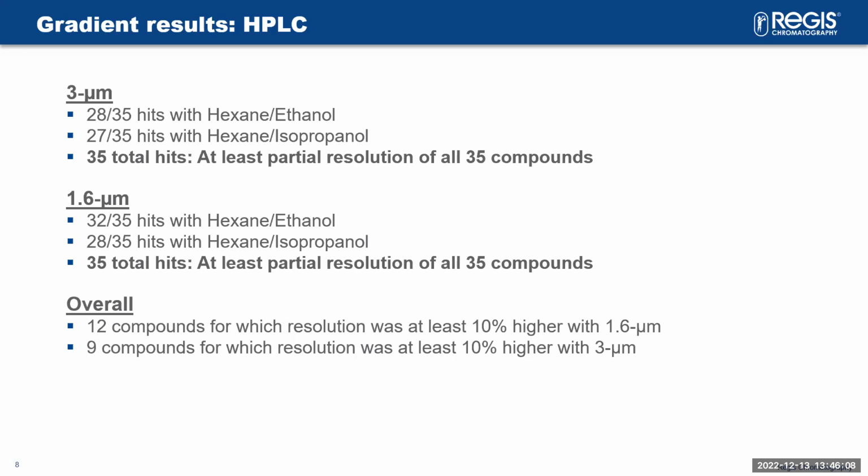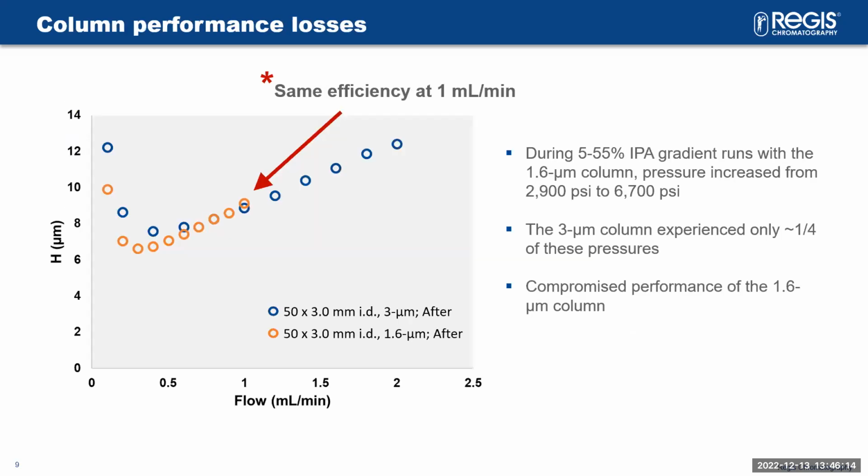Theoretically, we would never predict a larger particle to outperform a smaller particle. But I think we find an explanation when we construct another set of performance curves for these two columns after they had both seen some use. At this point, after both columns had seen about 150 or so injections, the performance, at least in terms of efficiency, is actually quite similar between the 3 micron and the 1.6 micron columns.